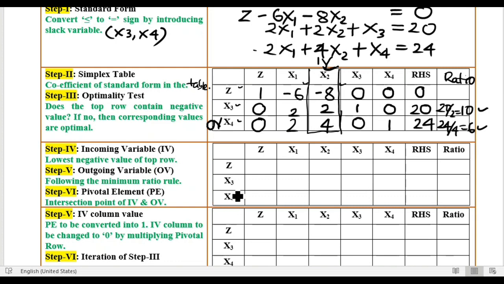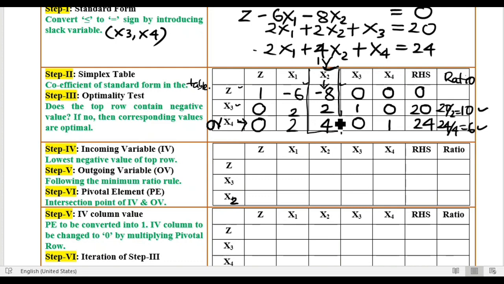So over here it would be written as x2. The intersection of the incoming variable and outgoing variable is this one: this column is my incoming variable and this row is my outgoing variable.